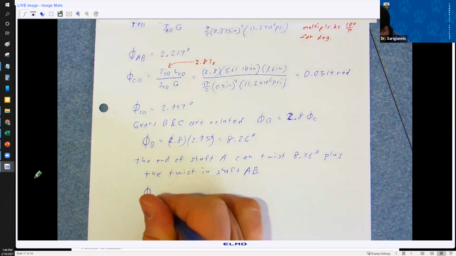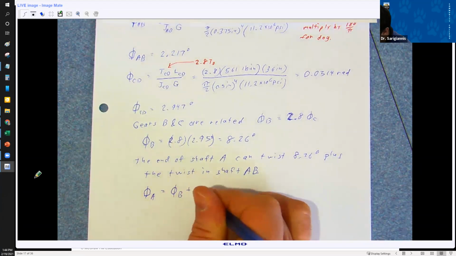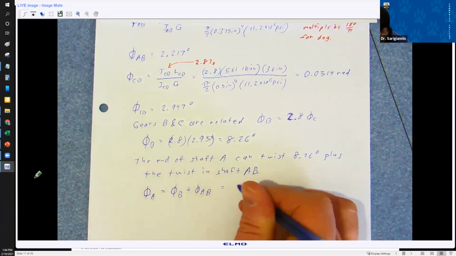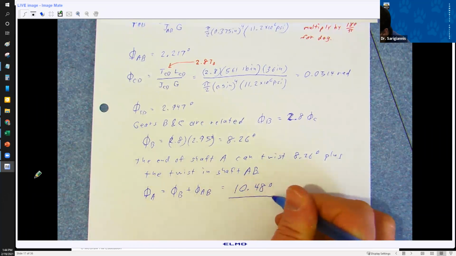So phi A equals phi B plus phi AB, and that equals 10.48 degrees.